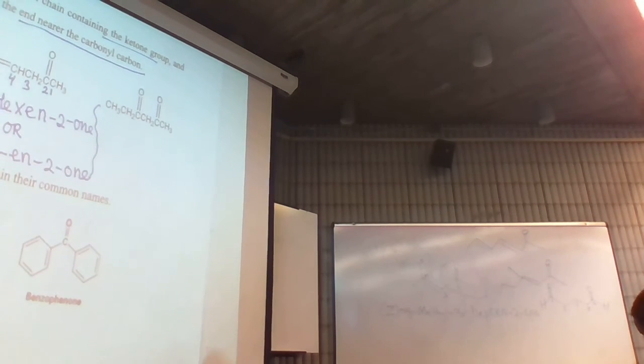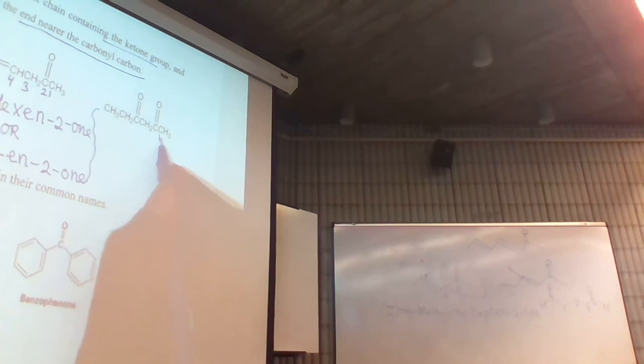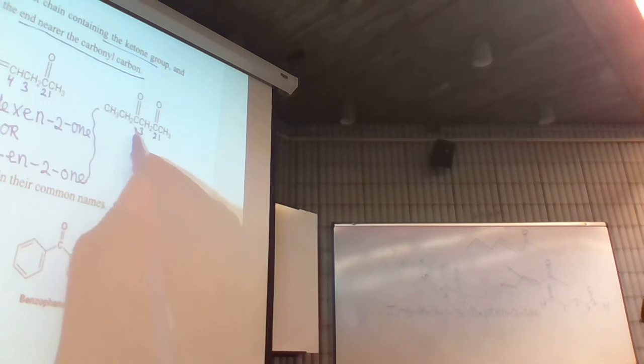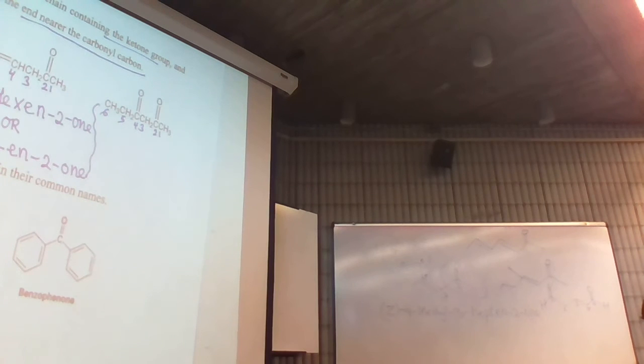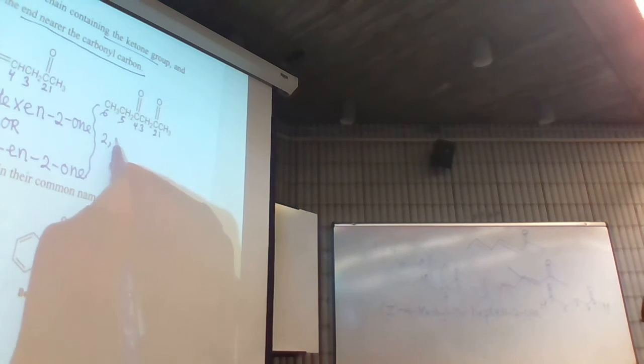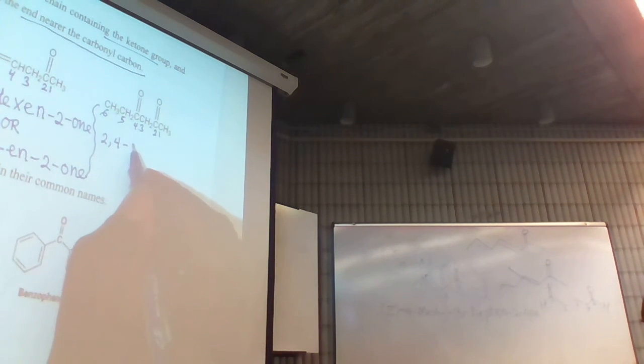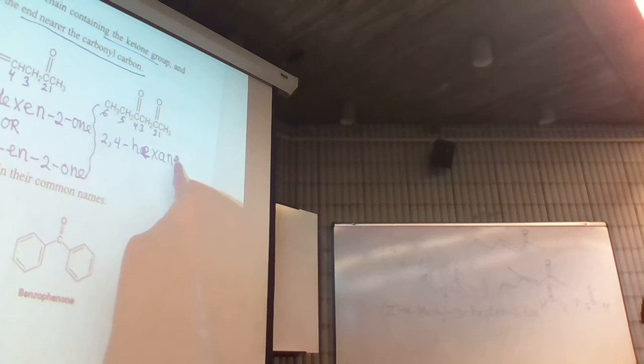So now let's look at this example here. This carbon is 1, this is 2, that will be 3, this will be 4, this will be 5, that will be 6. So how would you name that? 2, 4, hexanedione. Hexane.